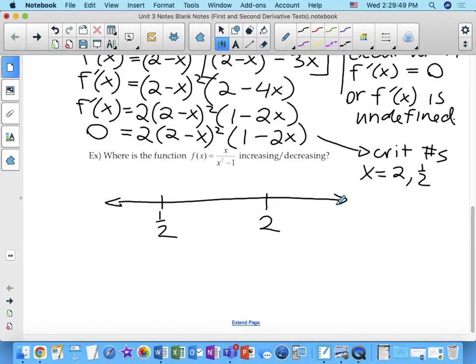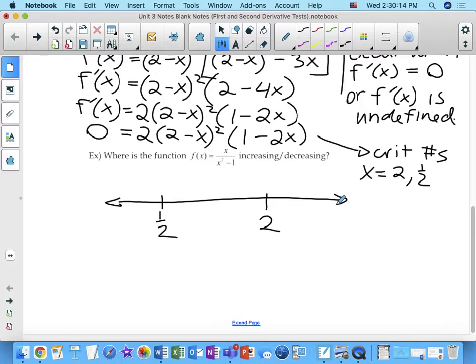And we need to know what's happening with the sign of the derivative in those sections, okay? Because these are the points where the derivative is 0. So between those points, the sign isn't going to change. It's going to be the same. Right? So it's not like between a half and 2, it's going to go from positive to negative.